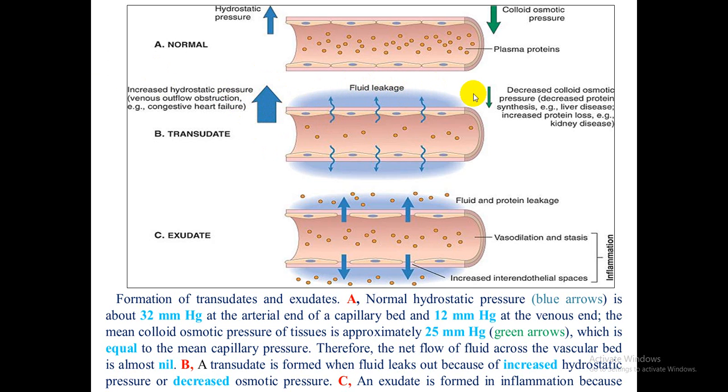Also, a decrease in colloid osmotic pressure due to decreased protein synthesis, for instance in liver diseases, or increased protein loss, such as proteinuria in kidney diseases, will result in extravasation of fluid into interstitial tissue. But the fluid is protein poor. This represents a transudate. Transudate means extravasation of protein-poor fluid into interstitial tissue.